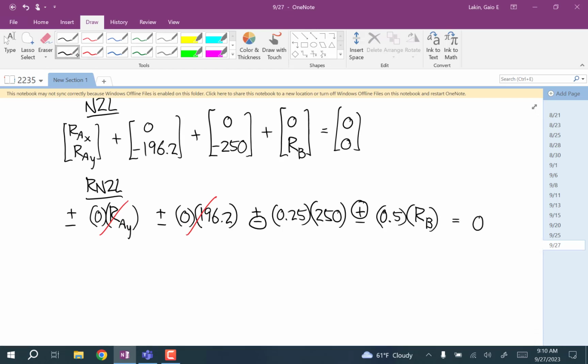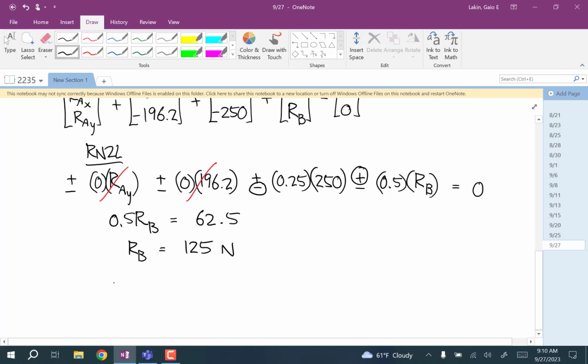And what we get is 0.5 RB is equal to 62.5. And so RB is equal to 125. And then calculate RA from there.